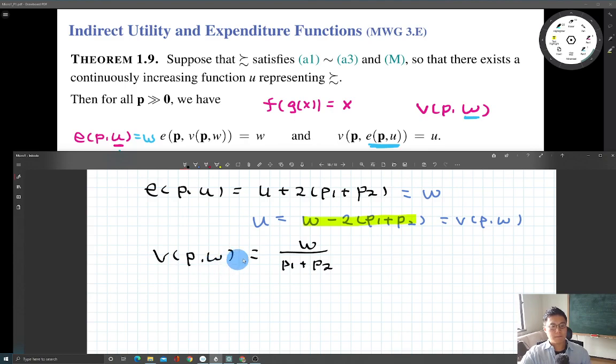So this is why I put the W on the top and price factor on the bottom. So there's a negative association between price factor and the consumer's well-being. And then the way to recover expenditure function is to set this equal to U. And solving for W this time gives me U times P1 plus P2. And this expression is the expenditure function, E of P comma U.